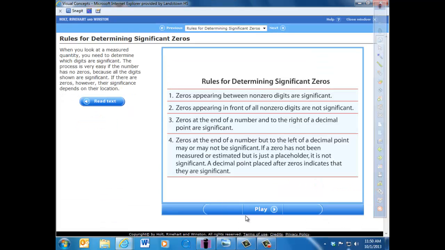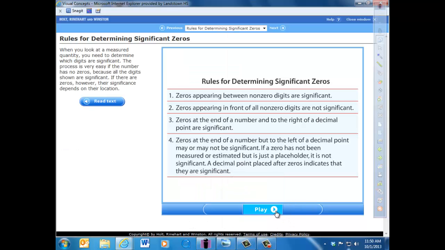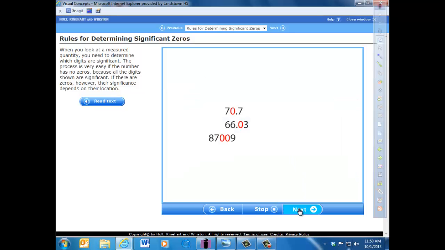Now, look here, we're talking about some simple rules for determining significant figures. Rules for finding significant zeros help you ensure that the numbers you report are accurate. Zeros appearing between non-zero digits are significant.